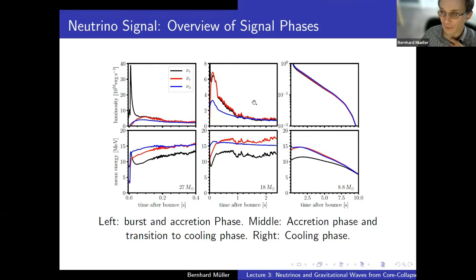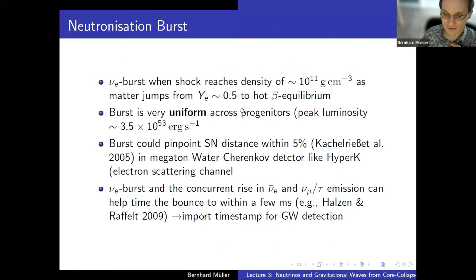But this is, I would still say, one of the best understood parts of the supernova problem, where you don't have to deal so much with multidimensional fluid phenomena and nonlinear flavor conversion, and so on. So I think this is one of the more robust predictions that we can actually make.